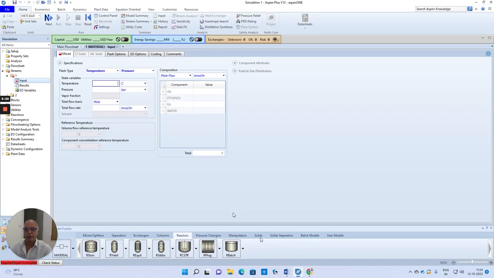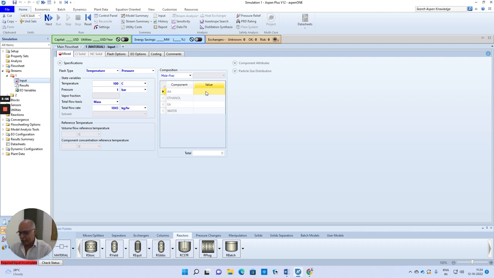So let me enter this information. 100 degrees centigrade and 1 bar. We were given the mass, so it is 1045, and you know the composition of this system in mole fractions.